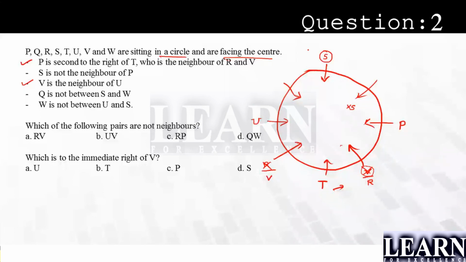So I have written it in a circle. It means that it is not fixed. If this is going to be S, they have told us W is not between U and S. So this will be W and this will be Q. Yes, it is not contradicting any of the statements here. So this is one arrangement where I have taken S at this particular position.